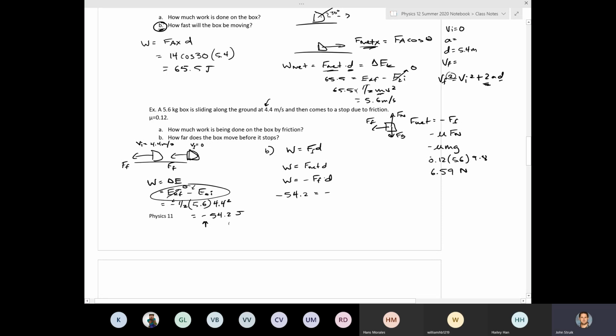I kept the negative there because it's going to the left. So we keep that there and go 6.59 here and then D. You can use your dynamics skills to solve these problems. D equals 8.2 meters.